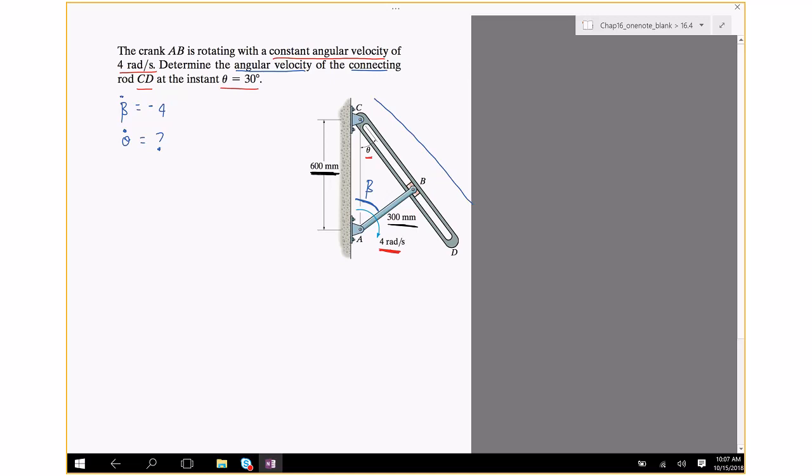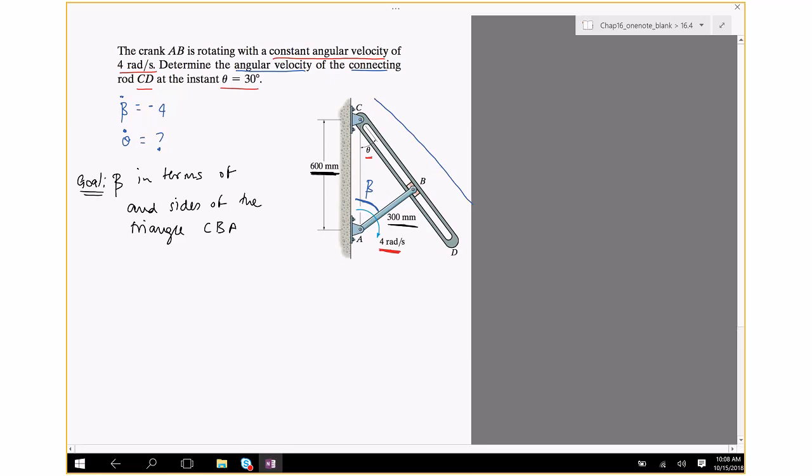So find beta in terms of theta and the sides of the triangle CBA.